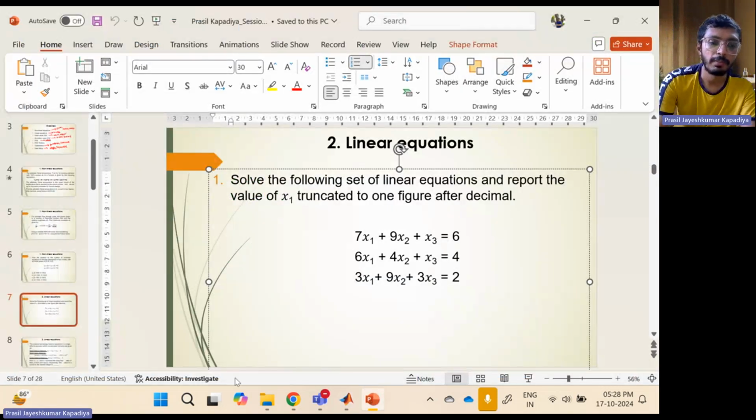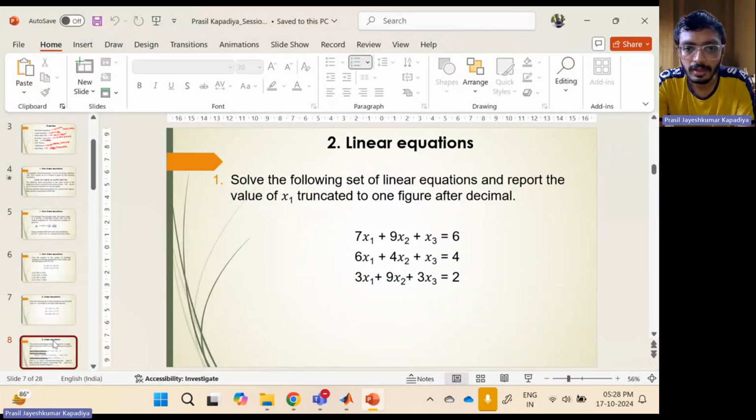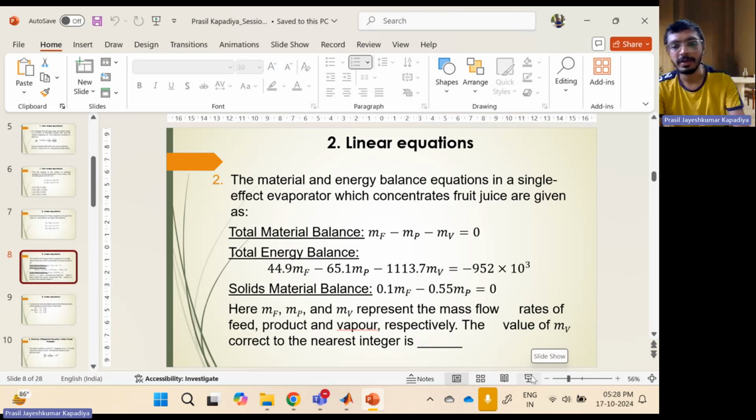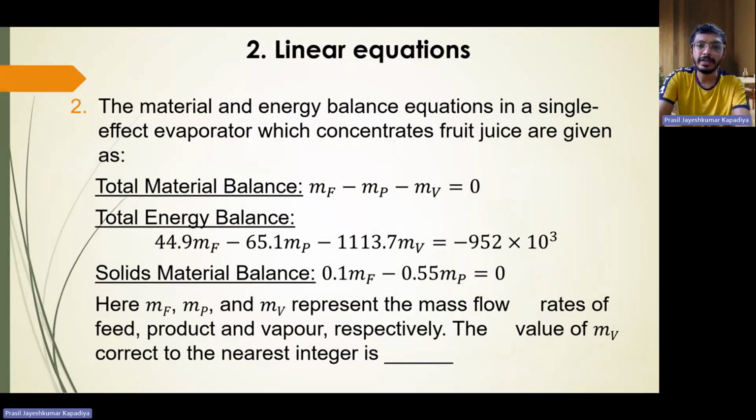Let's take one more example. I will read out the problem statement and let's try to solve this. The material and energy balance equations in a single effect evaporator which concentrates fruit juice are given as: total material balance MF minus MP minus MV is equal to 0.